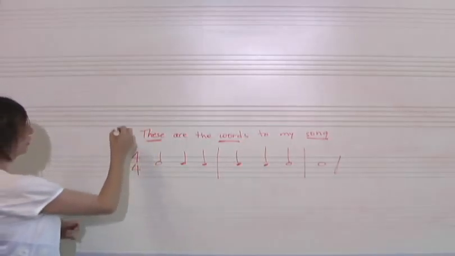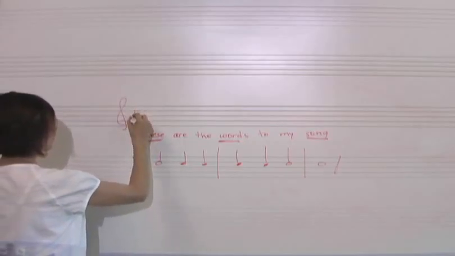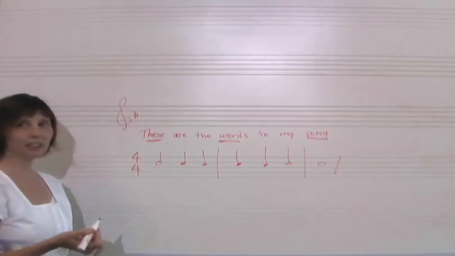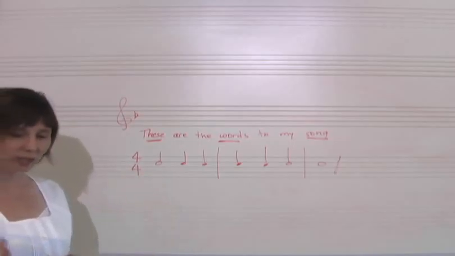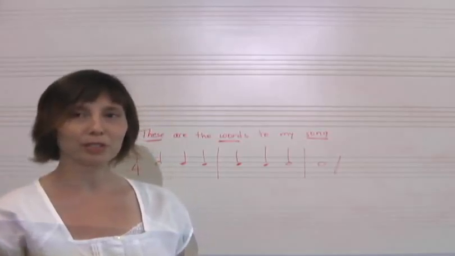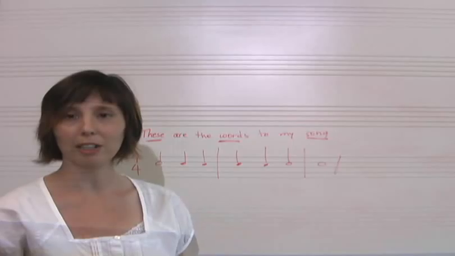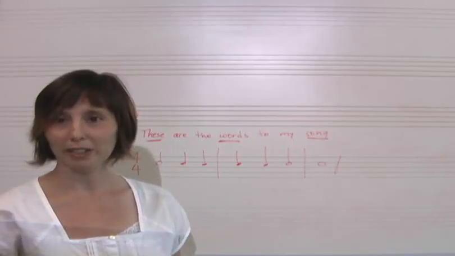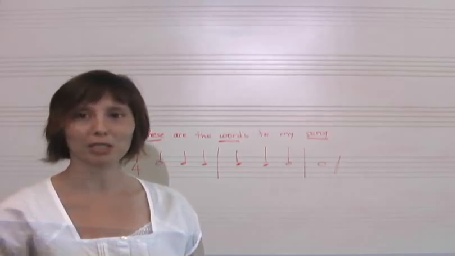So let's make it in major. And let's say I'm going to start on the dominant, which is also a somewhat common pitch to start on if you don't start on the tonic. Any member of the tonic triad, the tonic or the mediant or the dominant, would all be okay notes to start your melody on.